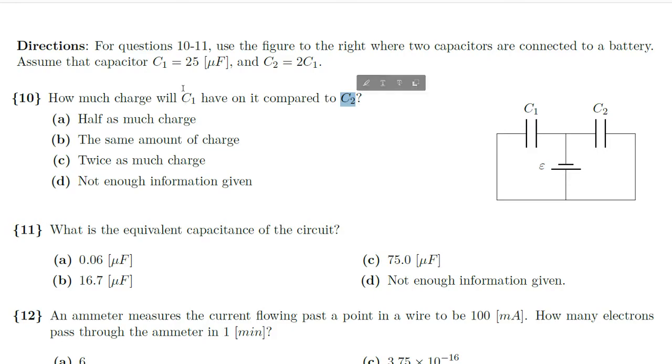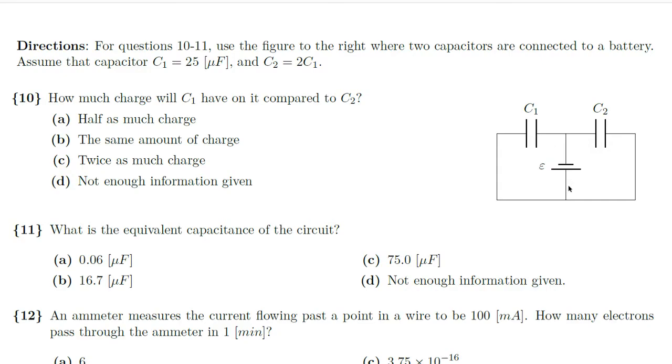So in terms of their capacitance, C1 has half the capacitance of C2. Now, does it necessarily mean half the charge? Well, that depends, because this setup here, despite the fact that they are lined up in a nice straight line, is not in series, it's in parallel, because following from the battery, there is a junction right here where the charges have to decide to go left or right.